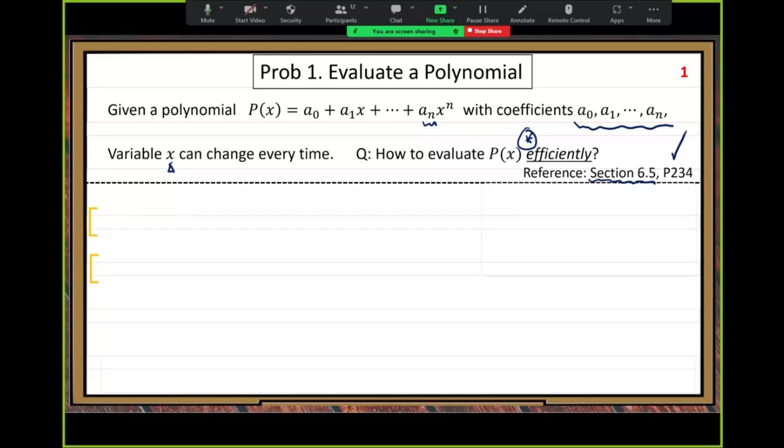The reason I took this problem at the beginning is, first, this problem is not hard. Evaluate a polynomial, it's very simple. But another thing is there is also a very smart algorithm that can solve this problem efficiently.